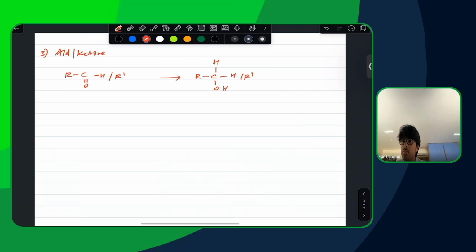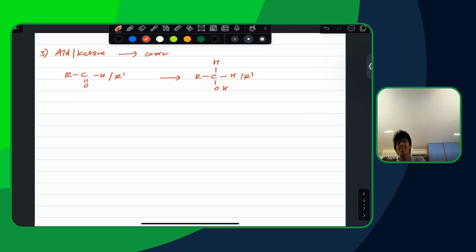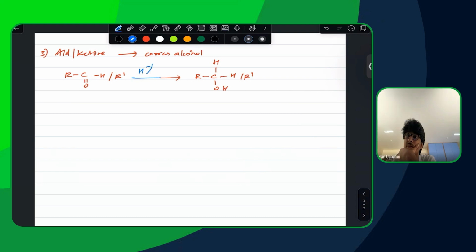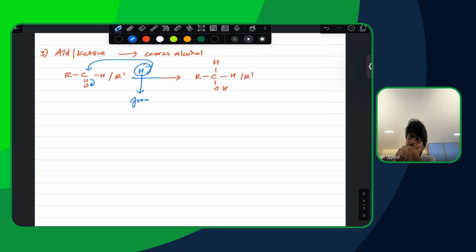I'm doing the corresponding alcohol. Stop thinking hard, think easy. In the case of Grignard, we had a CH3 minus going and attacking. In this case, I need to have an H minus going and attacking. As simple as that. So H minus, how do I generate it? From where? LiAlH4.